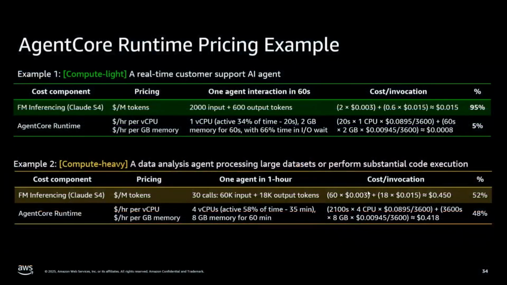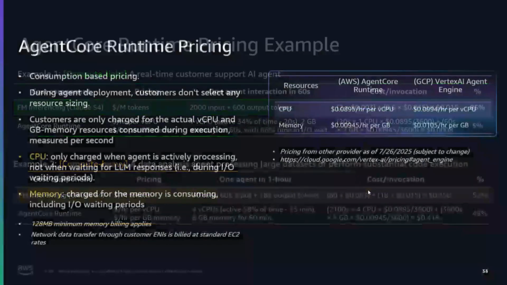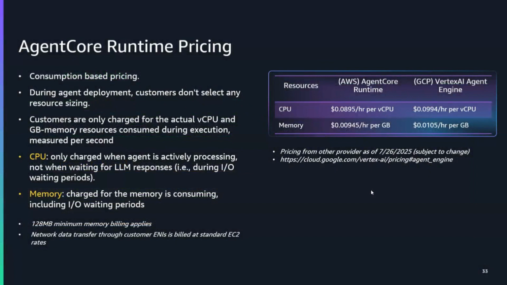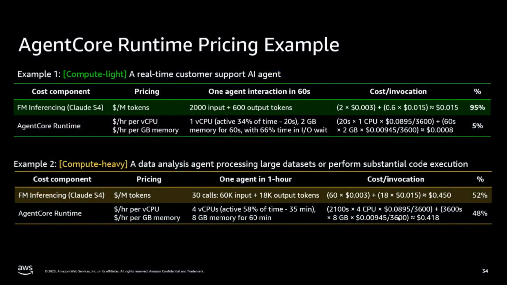The other thing I have for today is pricing. Pricing is primarily consumption based for CPU and memory, and you're only charged for the actual CPU and memory resources consumed during execution. That's measured per second. If you look at an example, such as a real-time customer support agent, a lot of your cost is going to come from foundation model inferencing.